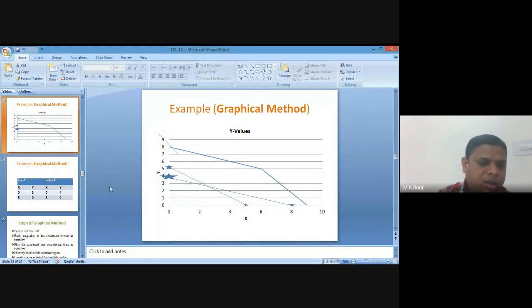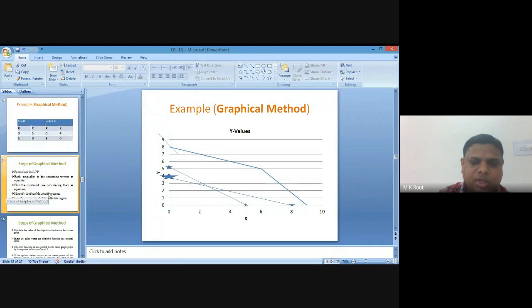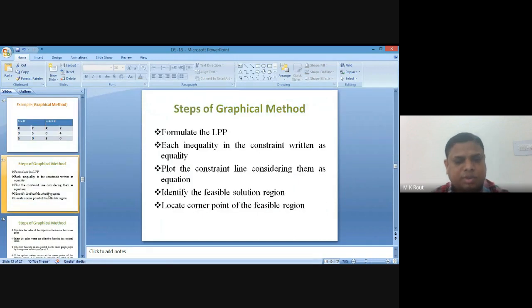So from here, you have to proceed for the different steps of the graphical method. What are the different steps? The first step is known as, just note down this one, formulate the linear programming problem. That is step number 1. In this linear programming problem, first you concentrate on the linear programming model that includes the objective function, the first constraint, the second constraint, and the non-negative constraints or non-negative variables.